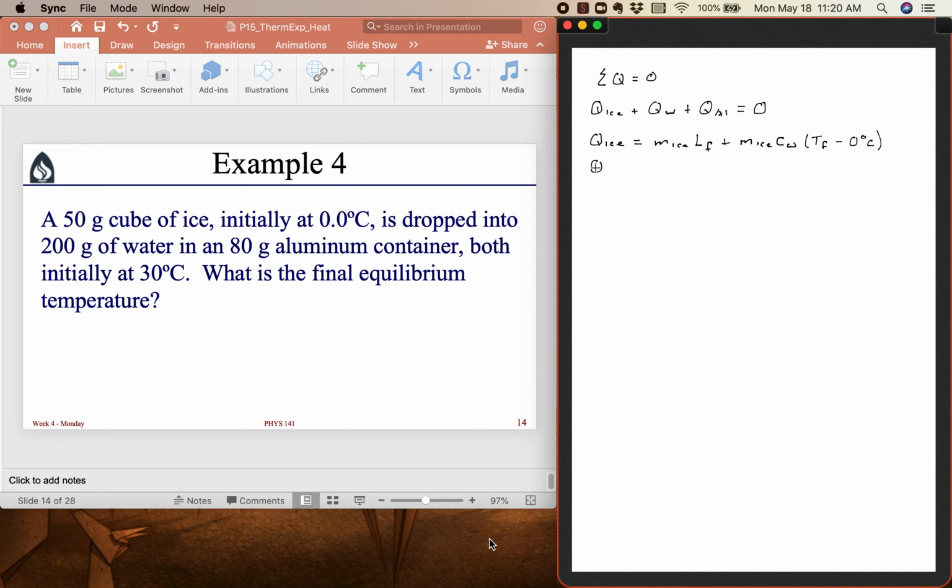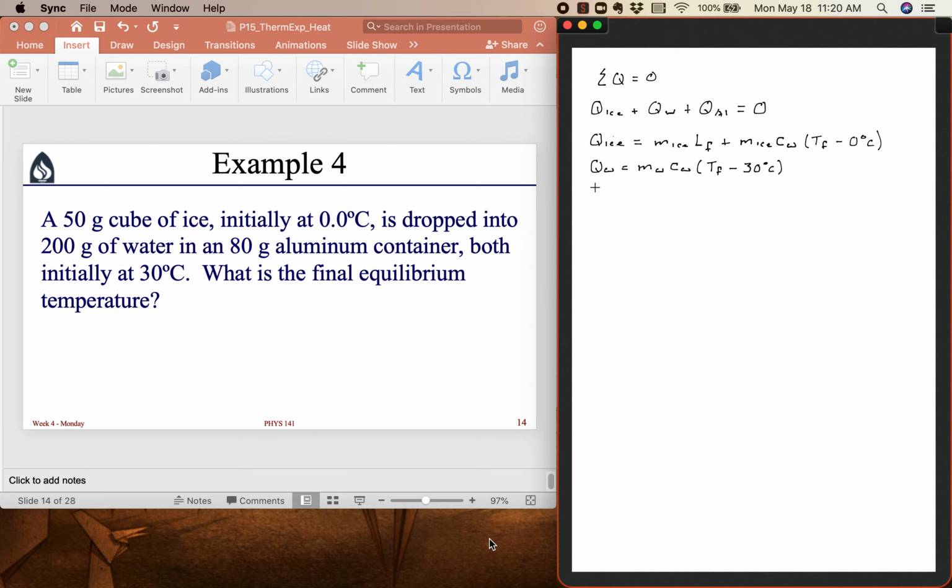Then we have the heat exchange for the water. So Q for the water is going to be equal to the mass of the water times the specific heat of water, and then times T final minus the initial temperature of the water, which was 30 degrees Celsius.